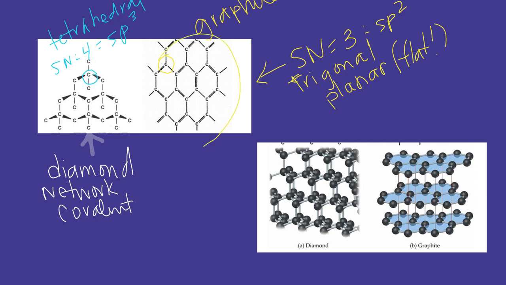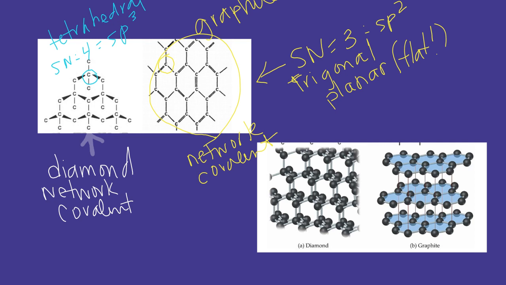Within this two-dimensional sheet, this flat sheet, you also have network covalent. But the network covalent is only for the two-dimensional structure. So you have these flat sheets, and within these flat sheets, these super strong bonds are holding them together. This changes, though, when we look at the 3D structure.